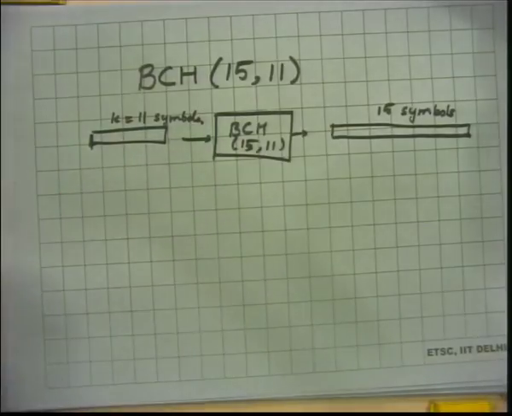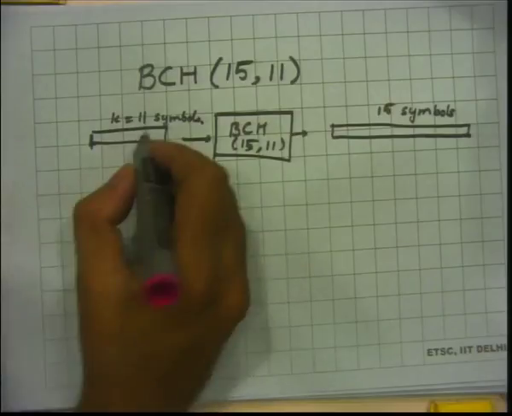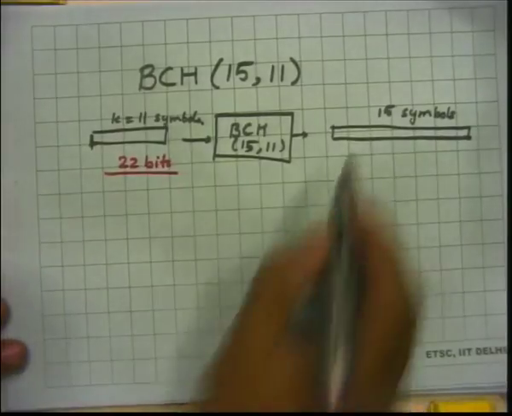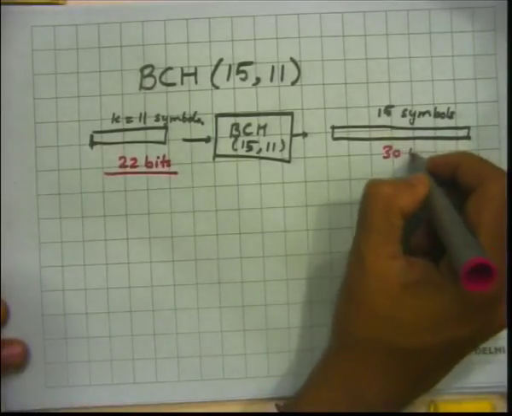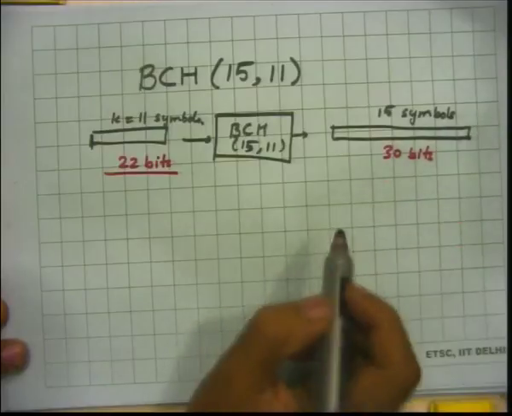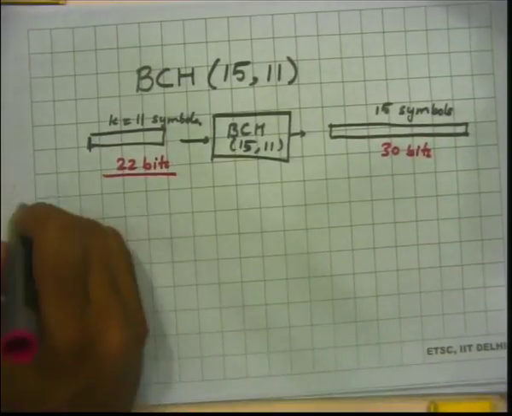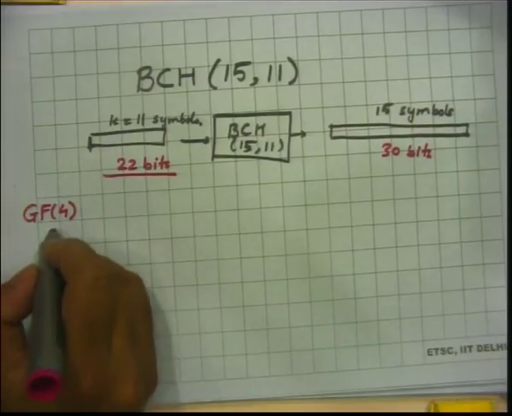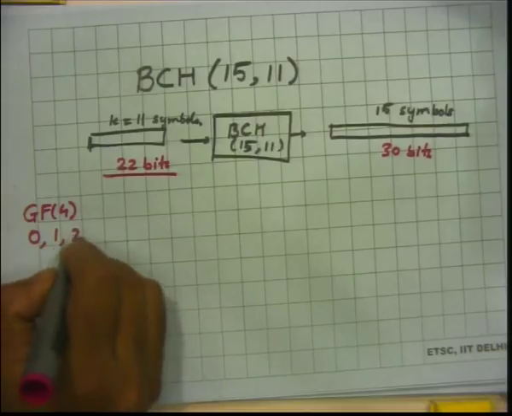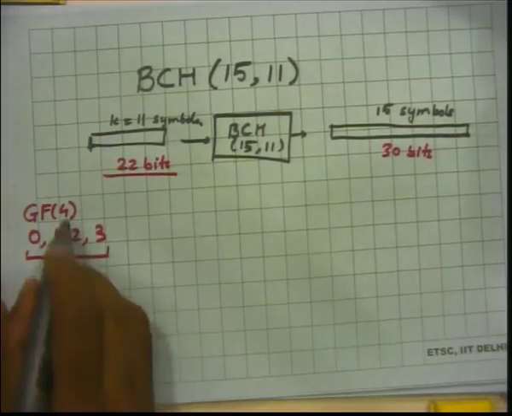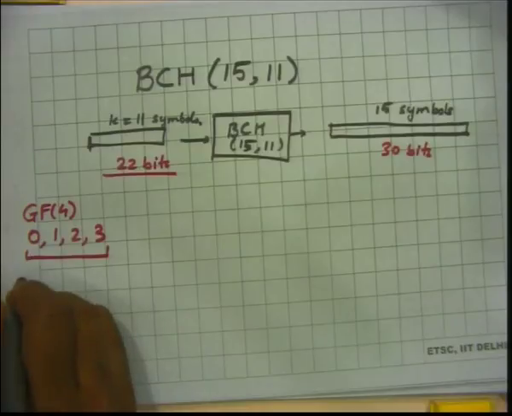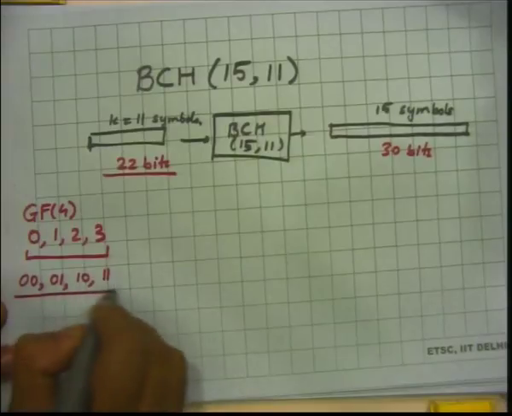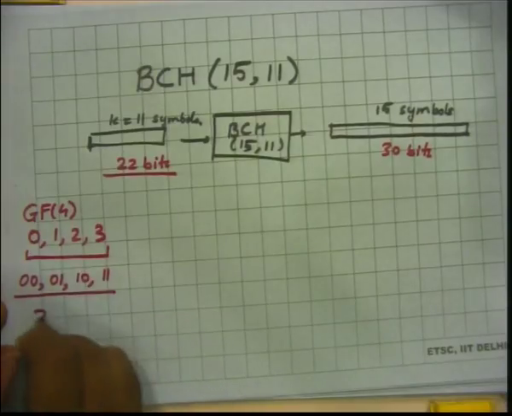So, consequently, you can actually use 22 bits to represent this, and here you have got 30 bits to represent the symbols, because remember GF4 can be represented using the 4 symbols 0, 1, 2 and 3, and they can be equivalently written as 00, 01, 10, 11. So, I can have 2 bits per symbol.